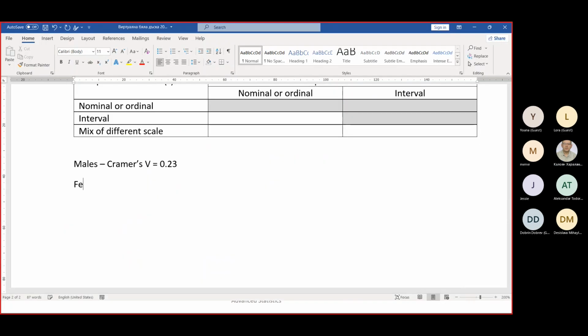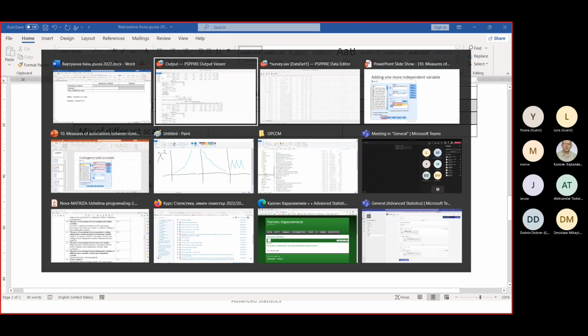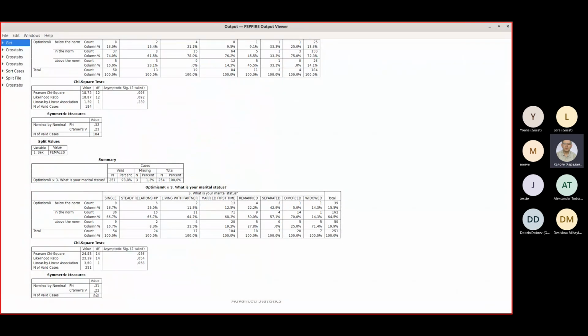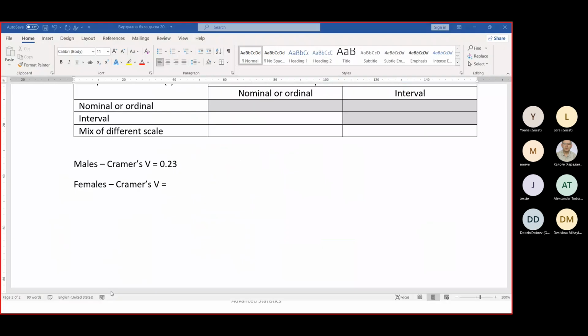In the group of females, Cramer's V is 0.22.